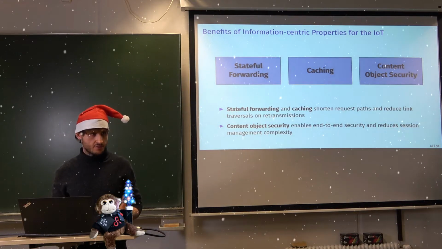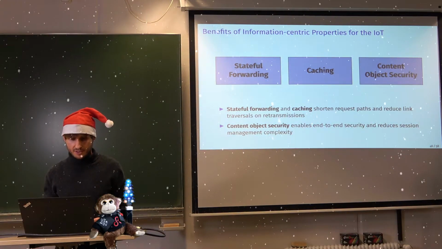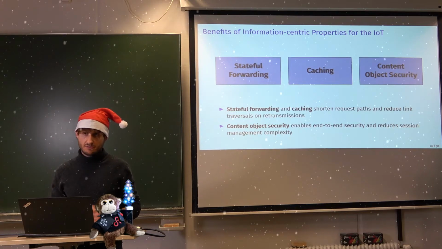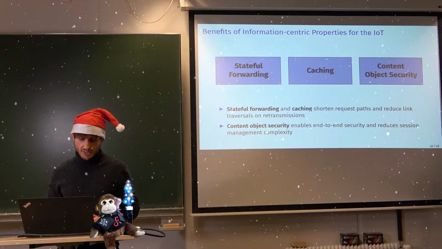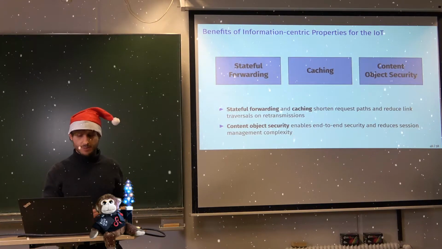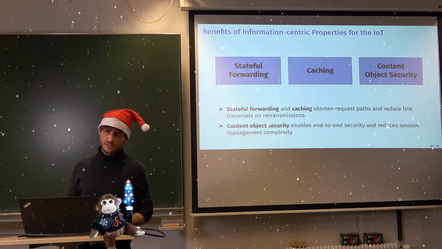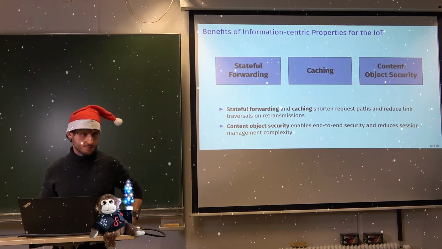So there are the benefits of information-centric networking properties for the IoT that were shown in different research articles. The stateful forwarding and caching properties shorten the request paths and reduce link traversals, especially on retransmissions.